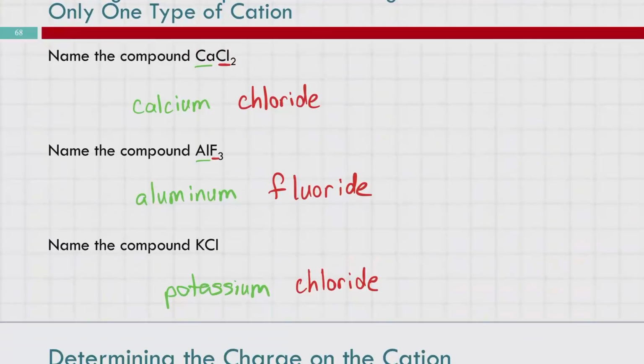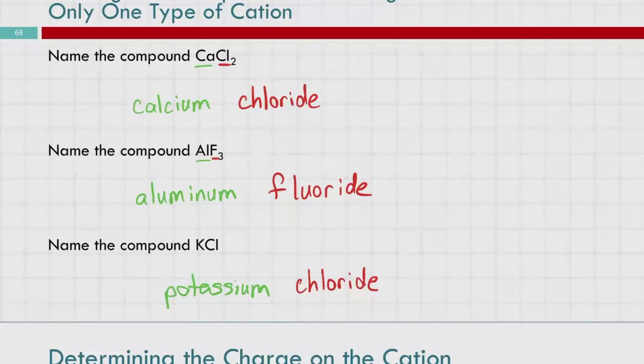So for all of these, we knew what the charge is for the calcium, the aluminum, the potassium, so we just wrote down the name of the ion. Is that a question? If we were to do a test on it, do you care about capitalization? That's a great question actually, because it's something that I care about. On exams, it won't show up because it's multiple choice, so you don't have to worry about capitalizations. When you're writing chemical names, are any of these capitalized?